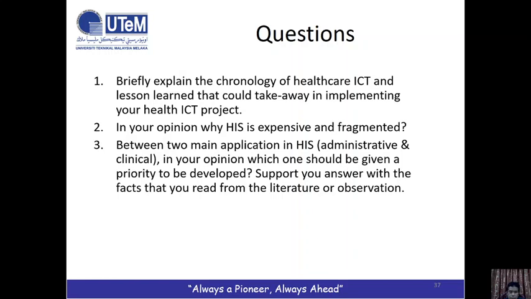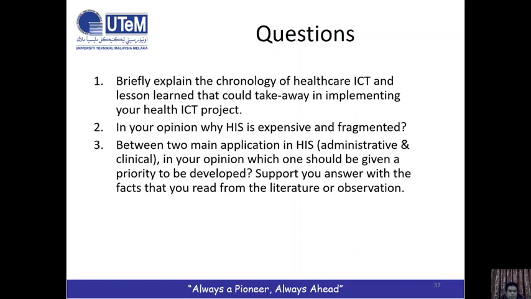So anywhere you go, when you get a project for computerization of a hospital, you need to look at these 2 things: how to get a cheaper solution, and how to resolve the interoperability and the integration issue, where this is a typical system in the hospital, they are fragmented.